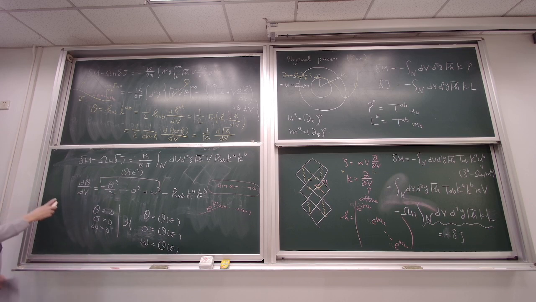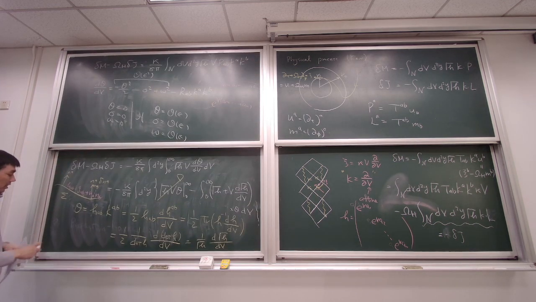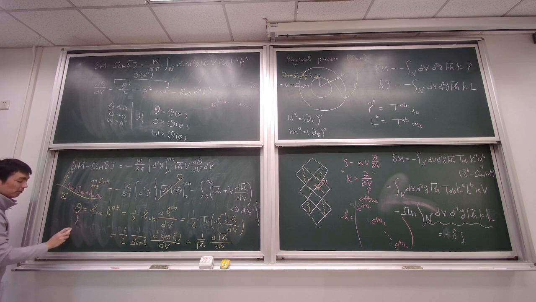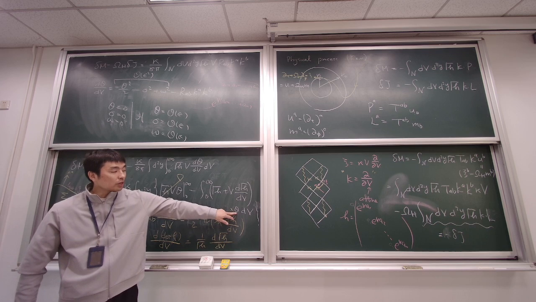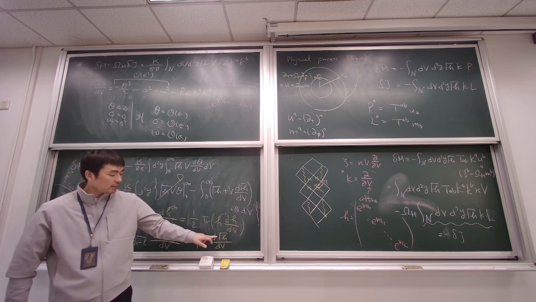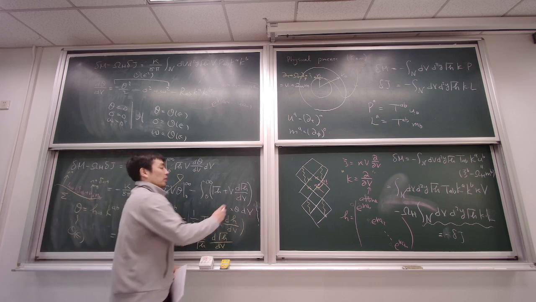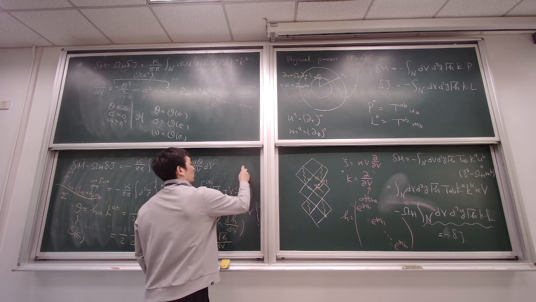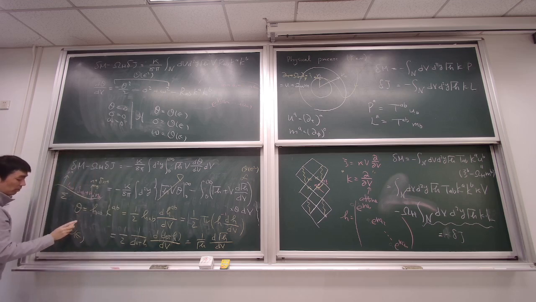And here we know that this is proportional to the first order perturbation, and d square root h over dv is also first order perturbation. So therefore the last term becomes proportional to order epsilon squared.